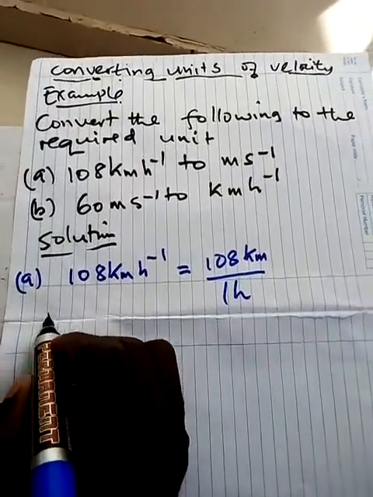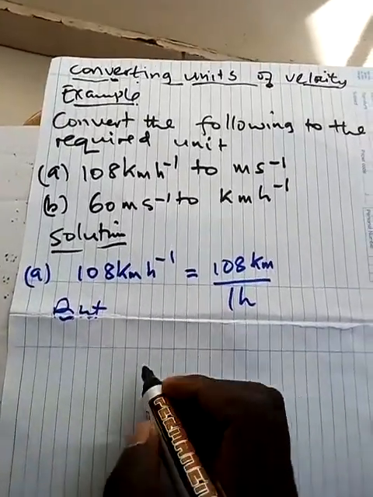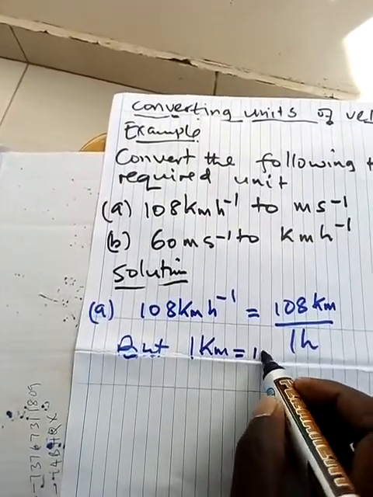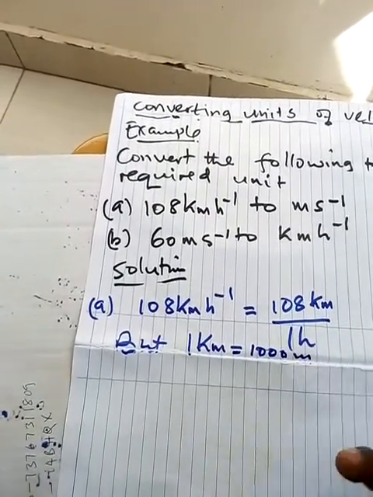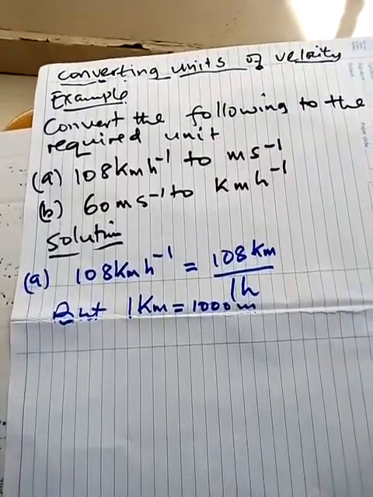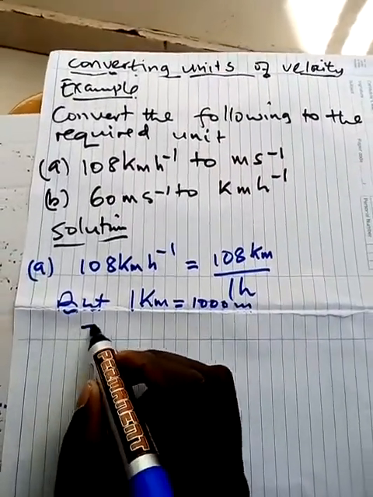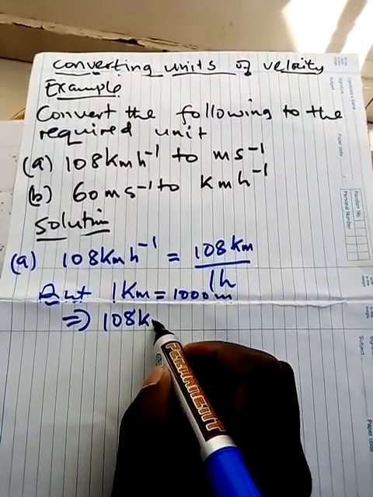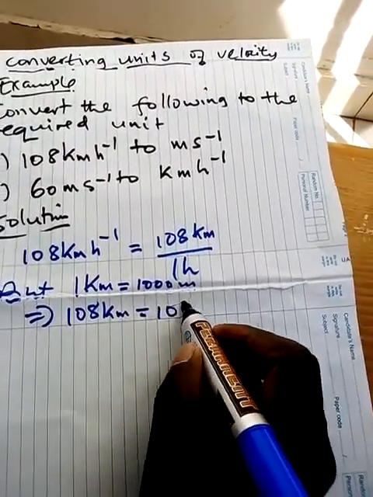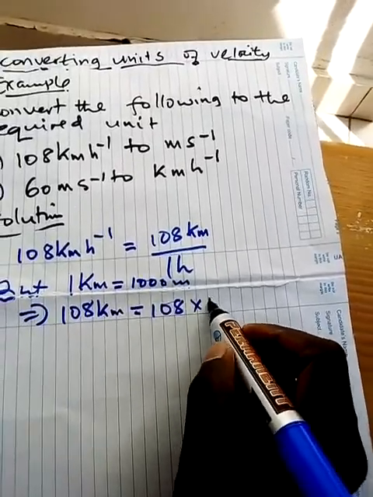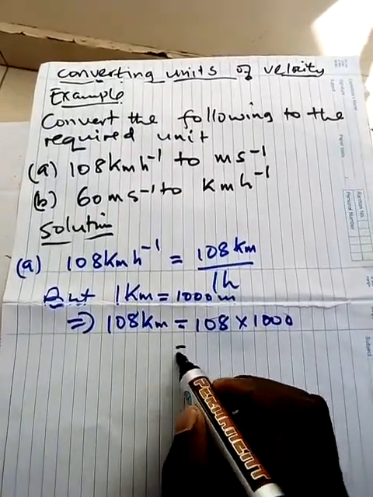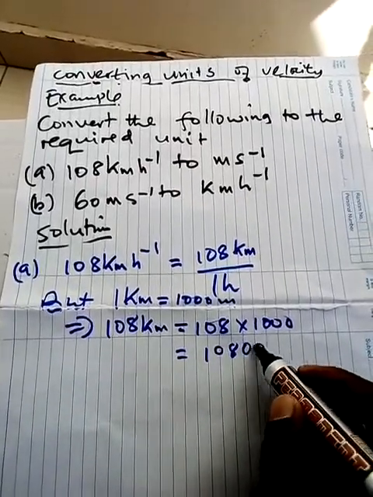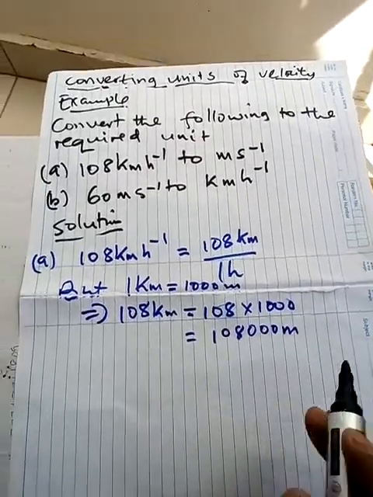But you know very well that 1 kilometer is equal to 1,000 meters. Recall, we are converting it to meters per second. So this would mean that 108 kilometers is equal to 108 times 1,000, and that gives us 108,000 meters.